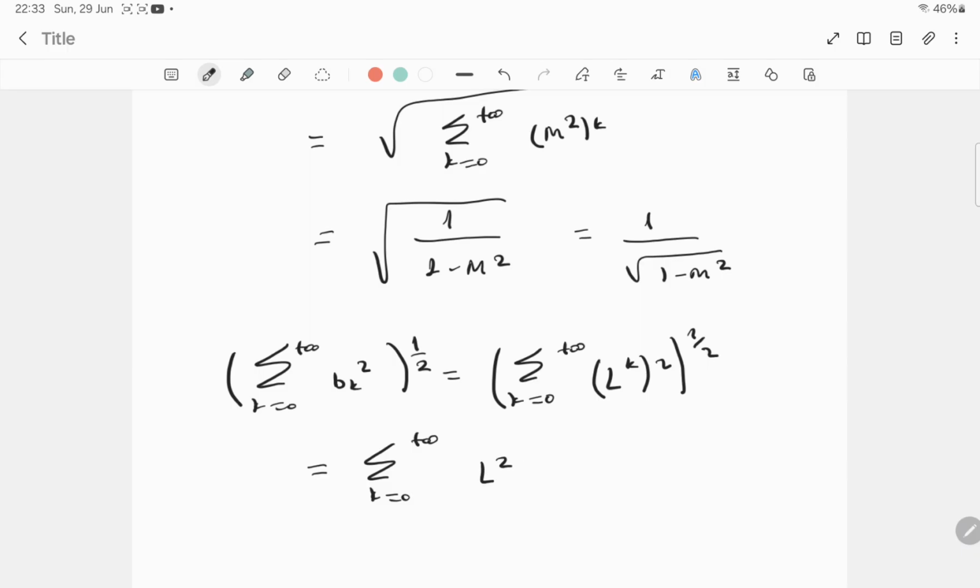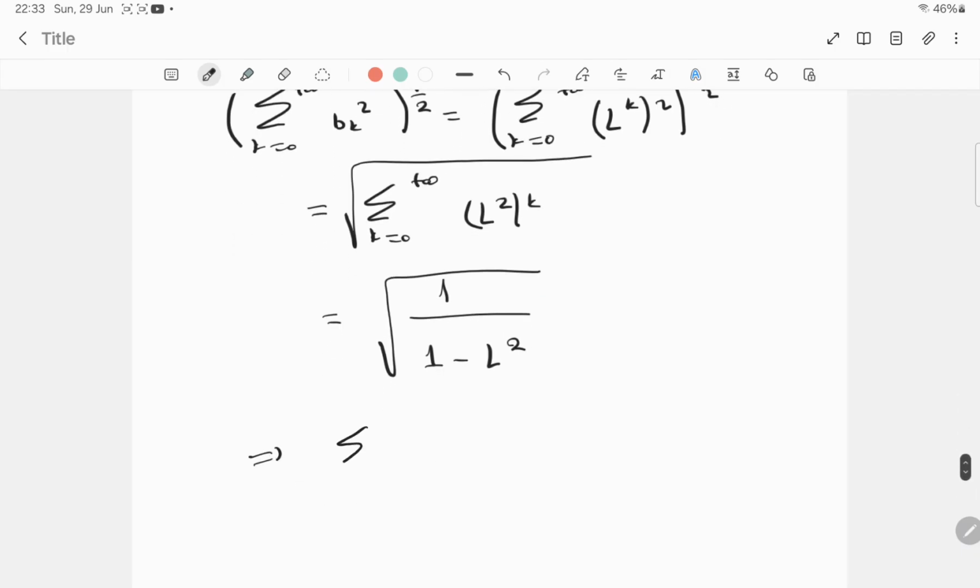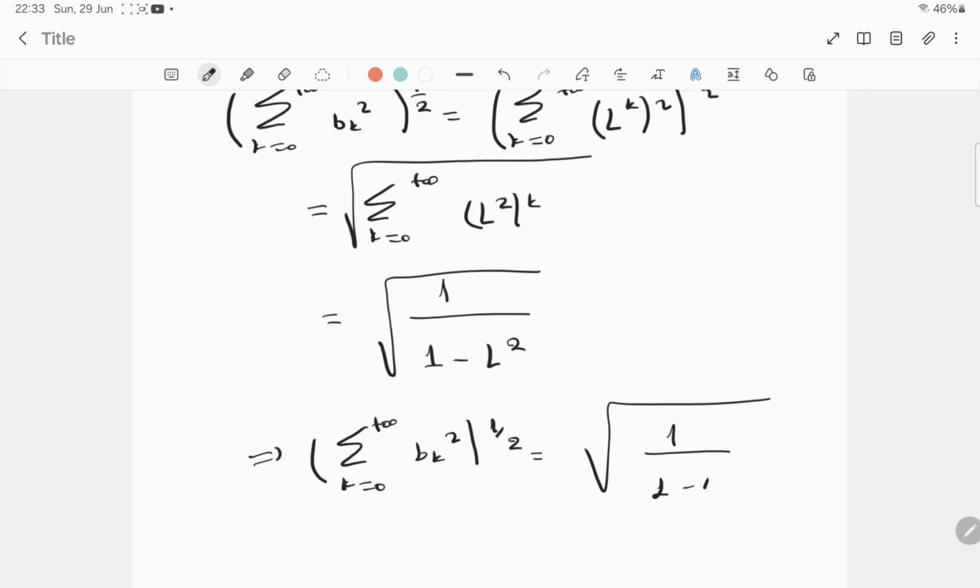So that's l squared to the power of k and the square root of the whole thing. That is an infinite geometric series. And we have 1 over 1 minus l squared, square root. So the final conclusion is that this quantity here equals the square root of 1 over 1 minus l squared.